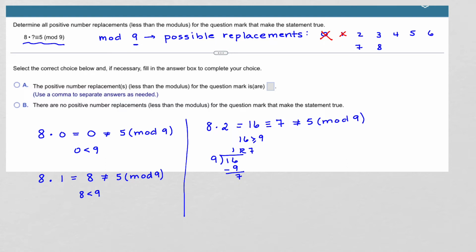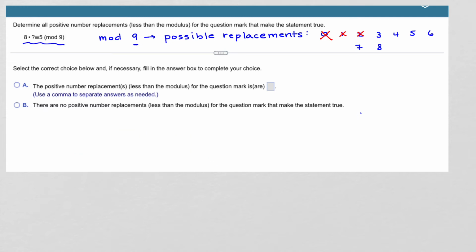So the number 2 didn't work either. Now let's try the number 3. Okay, so now let's try 8 times 3, which is equal to 24. 24 is greater than or equal to 9. And really now all the numbers are going to be greater than or equal to 9, so I can take that for granted.